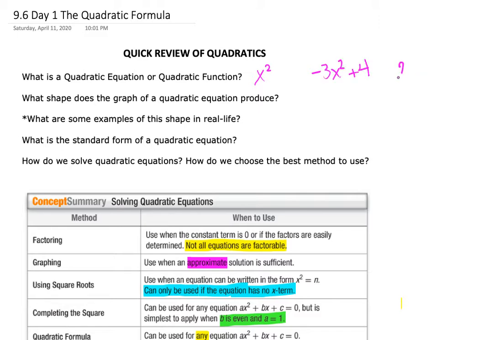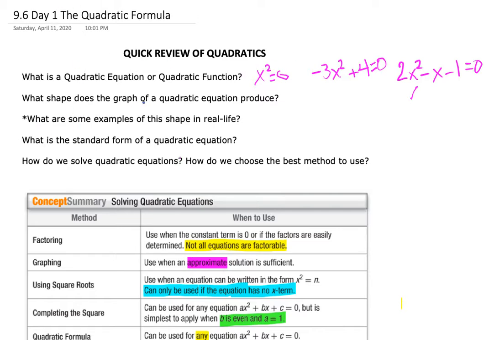You can have 2x squared minus x minus 1. Anything as long as you have an equal sign, I guess, in it. But as long as it has the squared, that's the part that makes it quadratic.